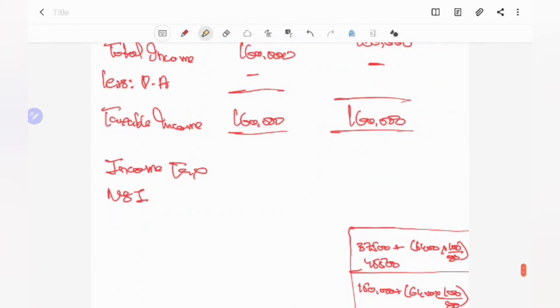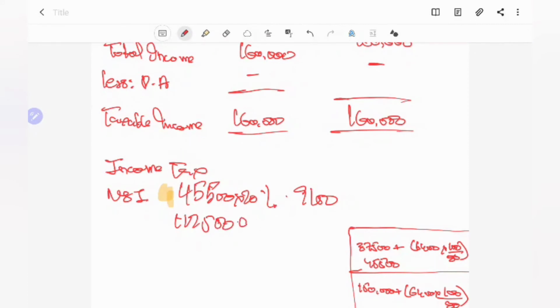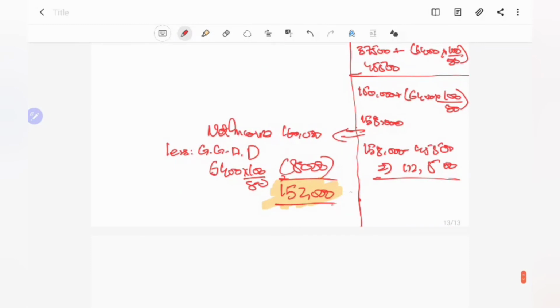And now non-saving income, 45,500 multiplied by 20%, I'll get 9,100. Then 112,500 at 40%. That's why I did this calculation.